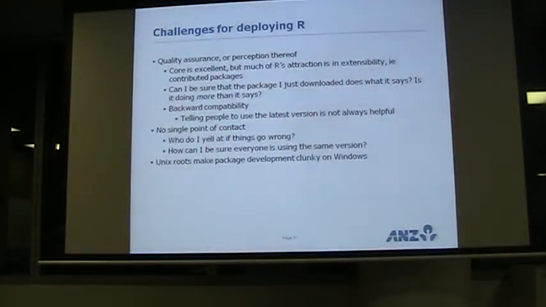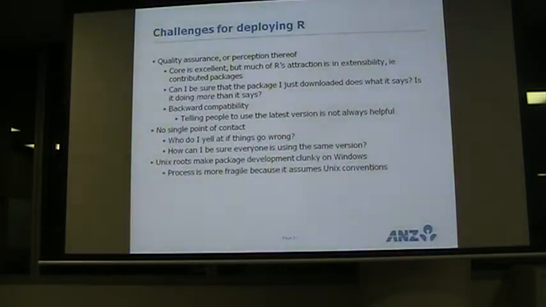On the more technical side, Unix roots make package development clunky on Windows. There's a line in the R frequently asked questions or R admin manual: if you're going to do this on Windows, follow these directions exactly, because otherwise things go wrong. That should not really be necessary, but that's because R is based on Unix. It uses the Unix way of looking at the world, so it's more fragile because of that.